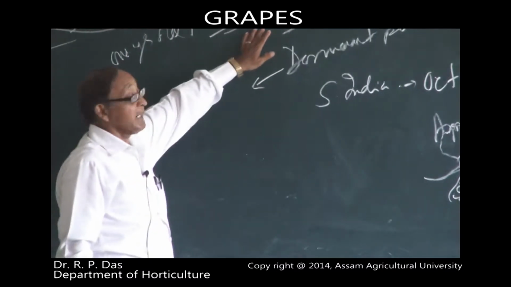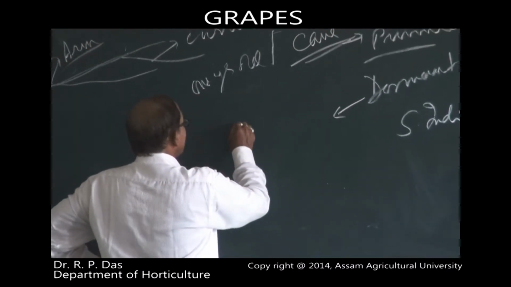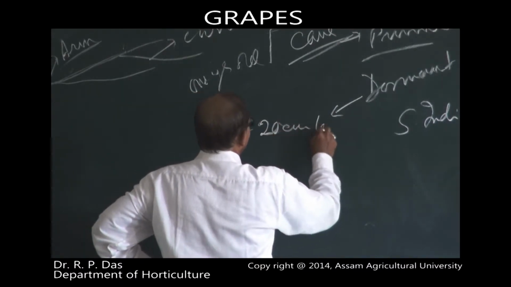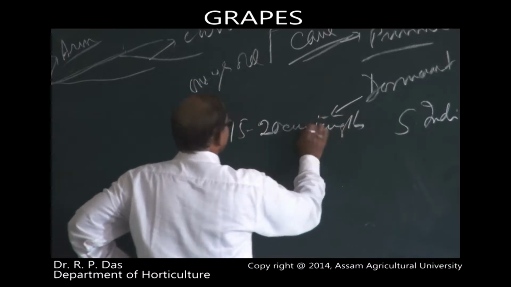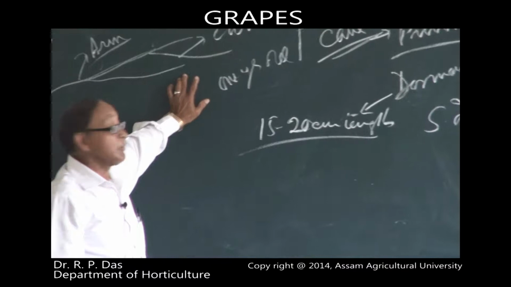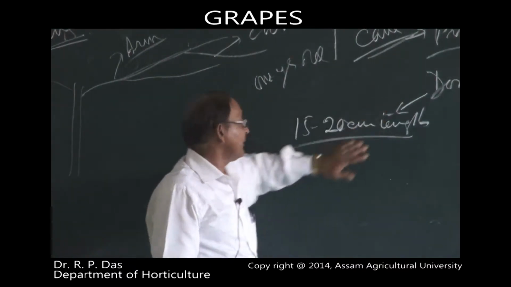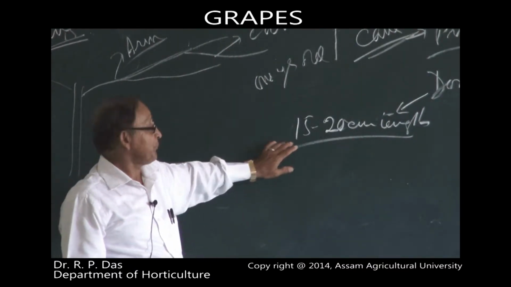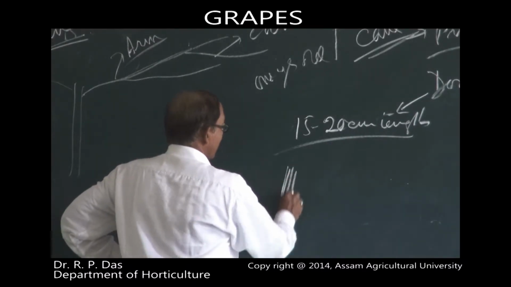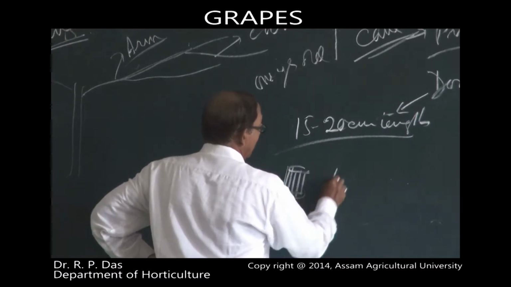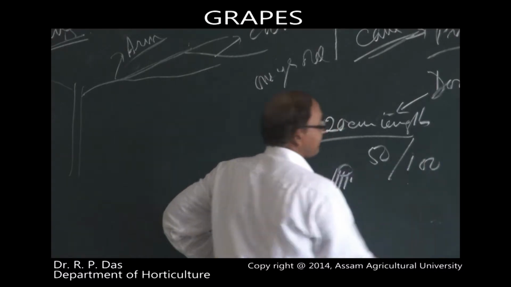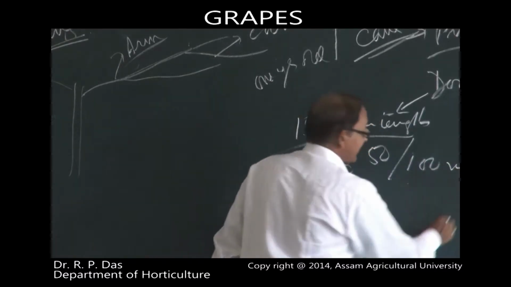So these cans are cut into pieces about 15 to 20 centimeter length. That means these are the branches, 1 year old shoots, technically known as can, cut into pieces about 15 to 20 centimeter and made into bundles of 50 or 100 pieces.